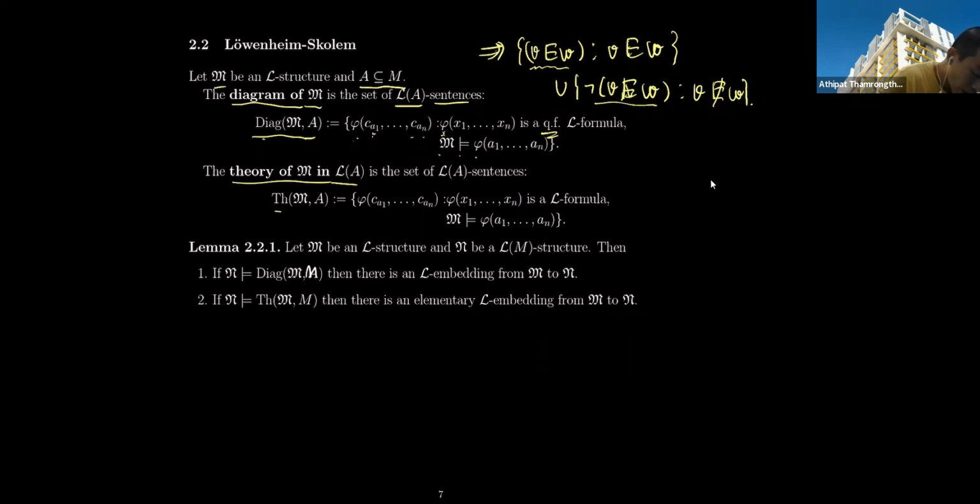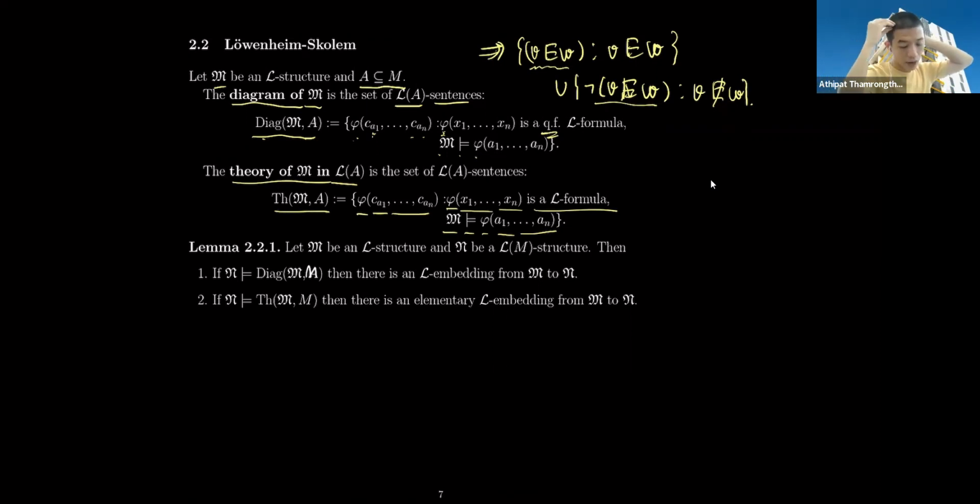The theory of M in L_A is the set of L_A sentences of this form, phi(c_a1, ..., c_an), where phi(x1, ..., xn) is an L formula, and M satisfies phi(a1, ..., an). So we're going to collect all formulas that M satisfies, right? And use parameters from the set A.